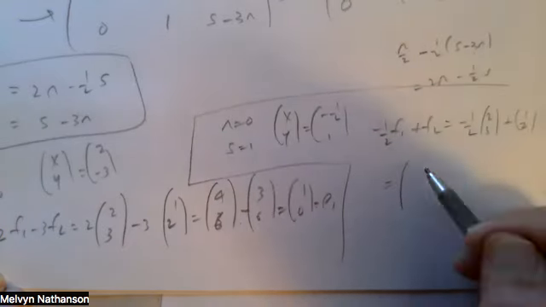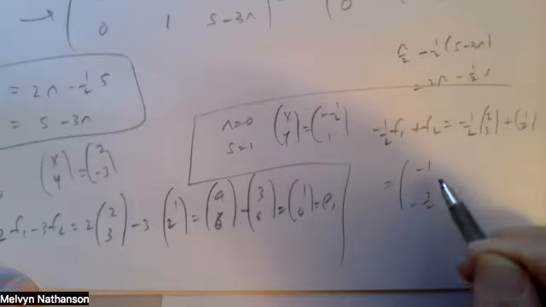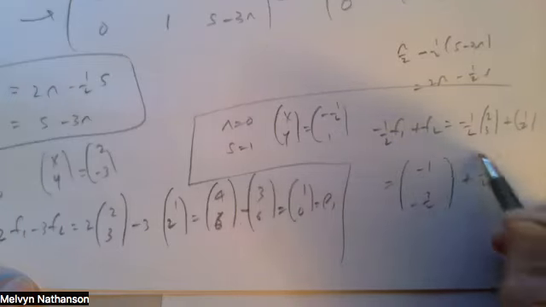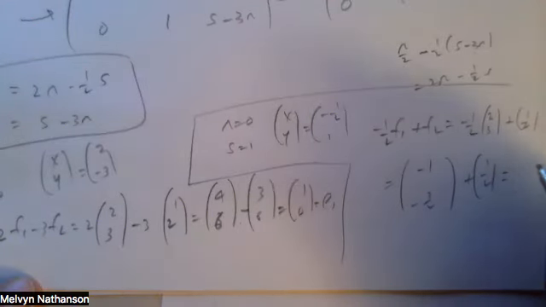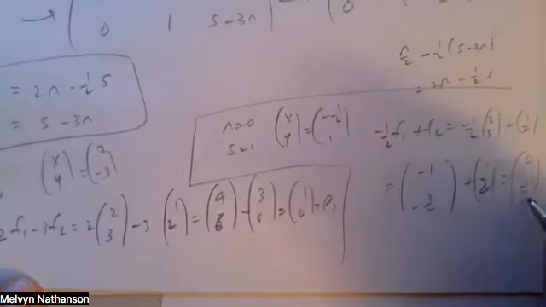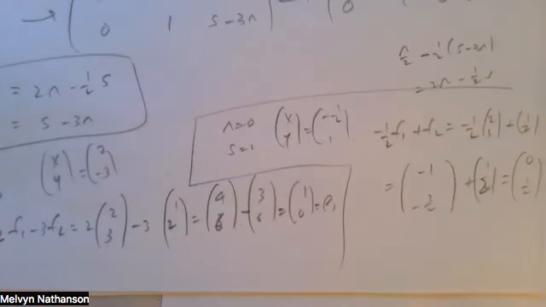So minus a half times 2 is minus 1. Minus a half times 3 is minus 3 halves, plus 1/2. We have a little problem. This is 1, 2. This is 0, 1/2. So I'm off by a factor of 2. So I have to figure out what I did wrong.